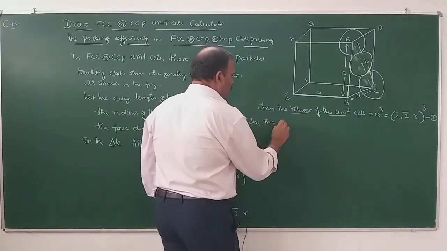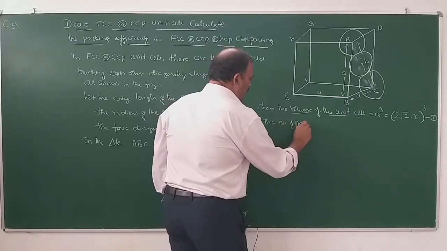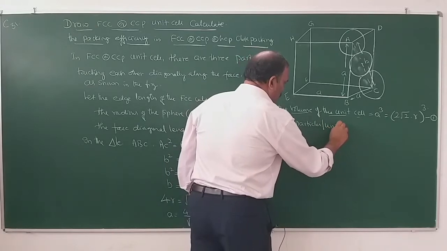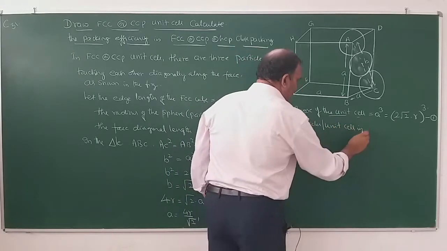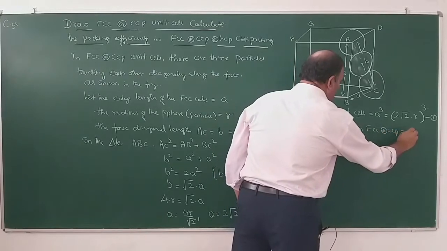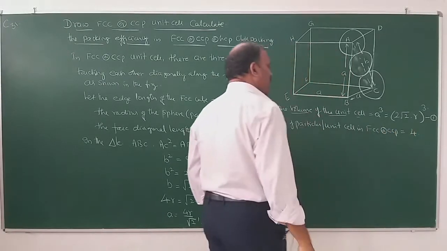The number of particles per unit cell in FCC or CCP is equal to what? 4, we have calculated.